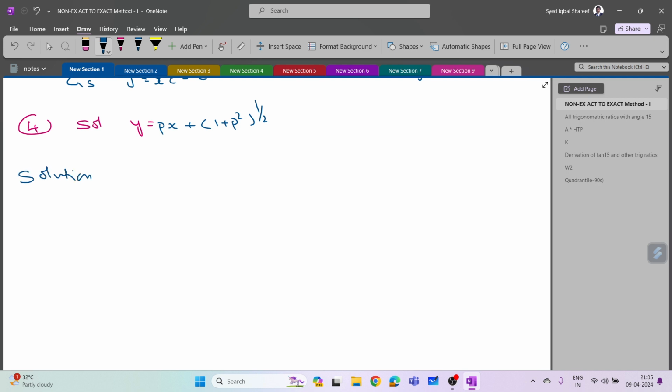The above is a Clairaut equation, y equal to x y dash plus f of y dash. So here y dash is p, so p equal to c. Putting p equal to c, the general solution is y equal to xc plus 1 plus c square whole to the power of 1 by 2.